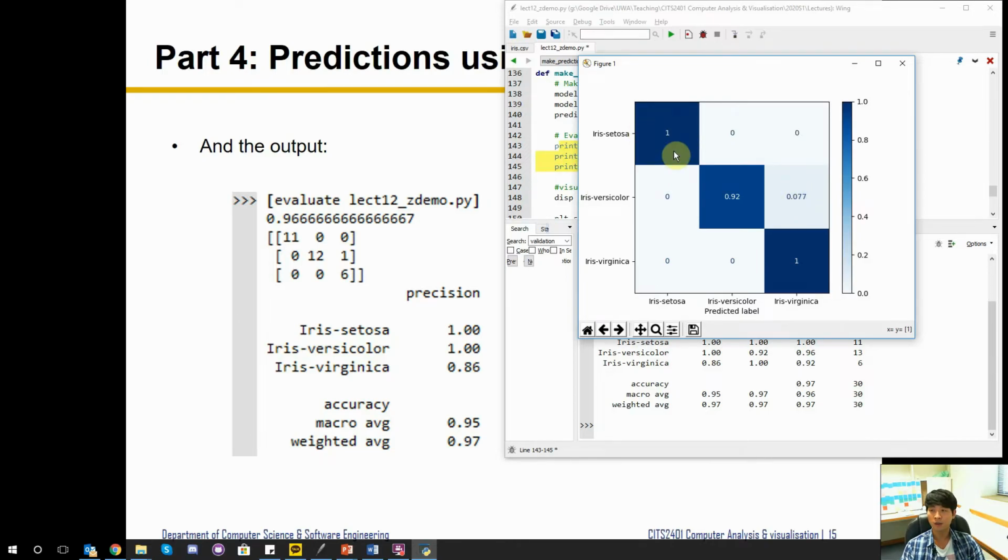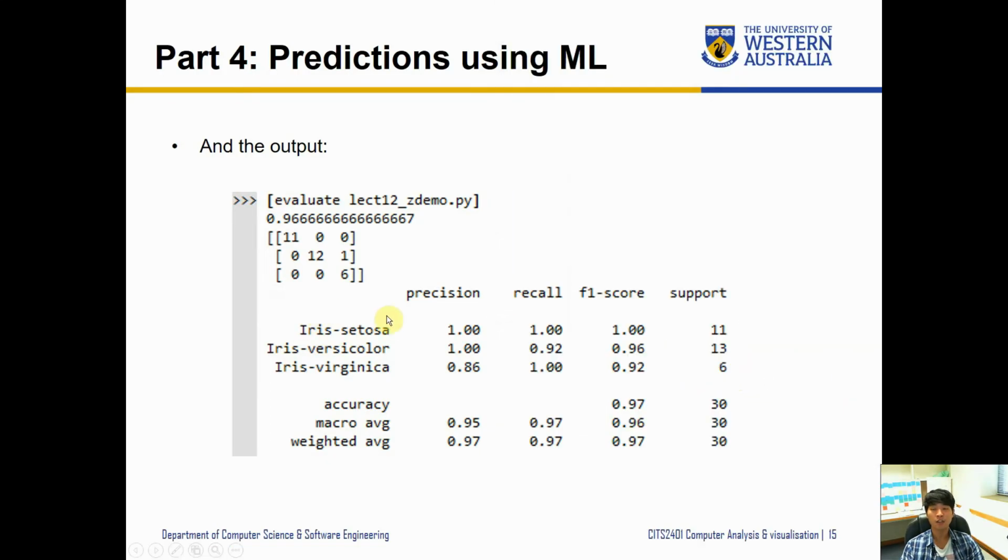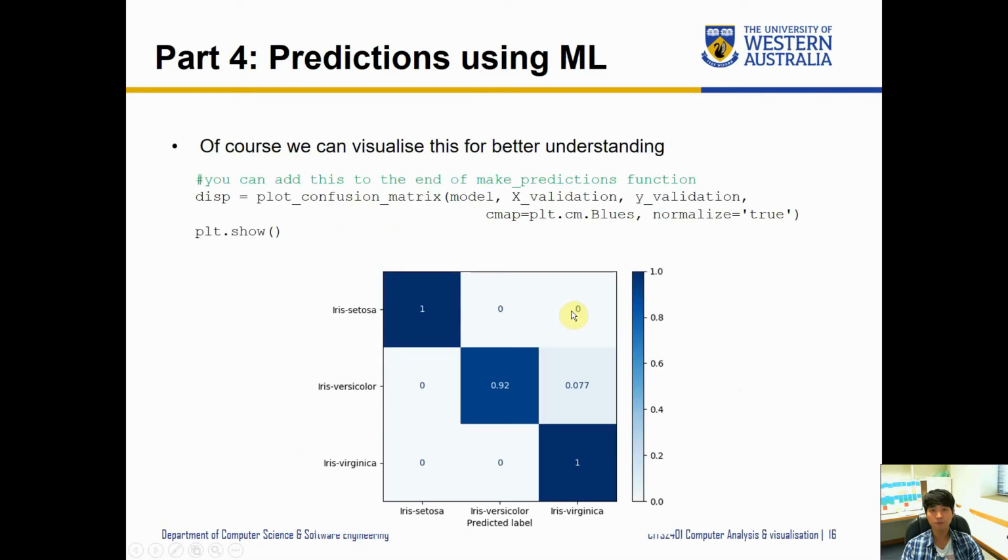On the other hand, virginica has been categorized quite accurately, as well as the setosa. This means this model is performing pretty good, and we can easily see that the diagonal values have the highest color, whereas the remaining are very light colored. So rather than just reading through the numbers, visualization gives us a better look.